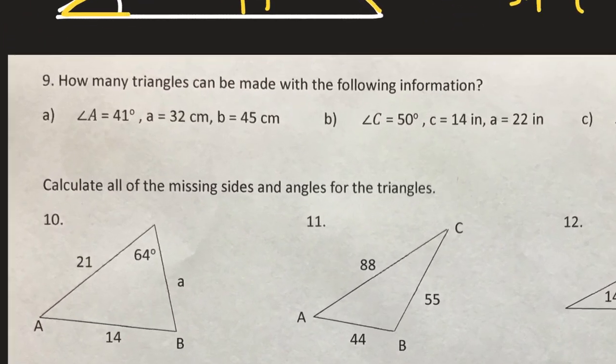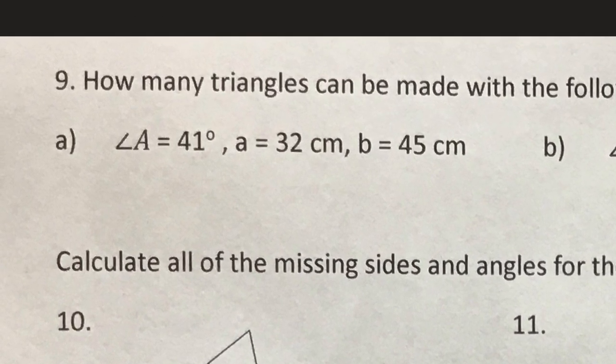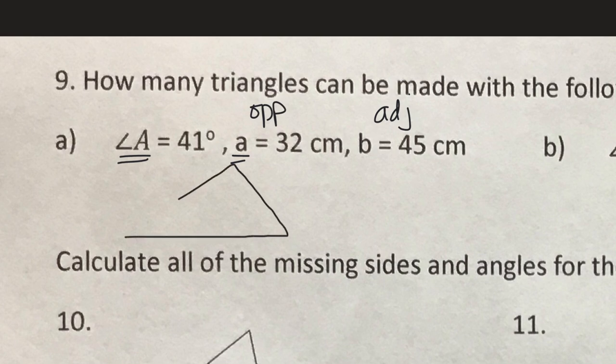So, how many triangles can be made with an angle of 41, an opposite side of, right, this is the opposite side. A is always across from angle A. That makes B your adjacent side. So if we want to draw our triangle, it looks something like this. Angle A is down here at 41 degrees.